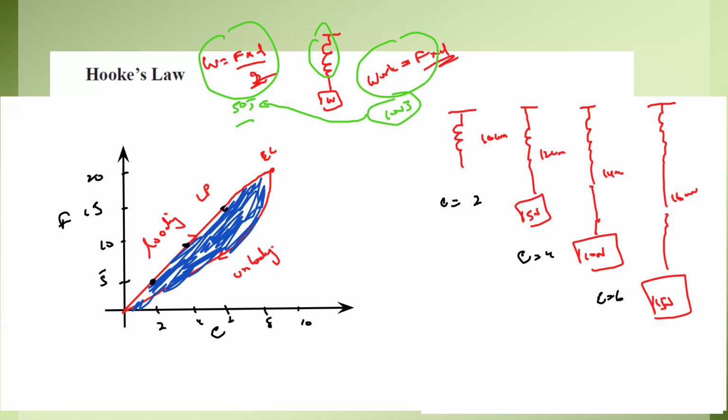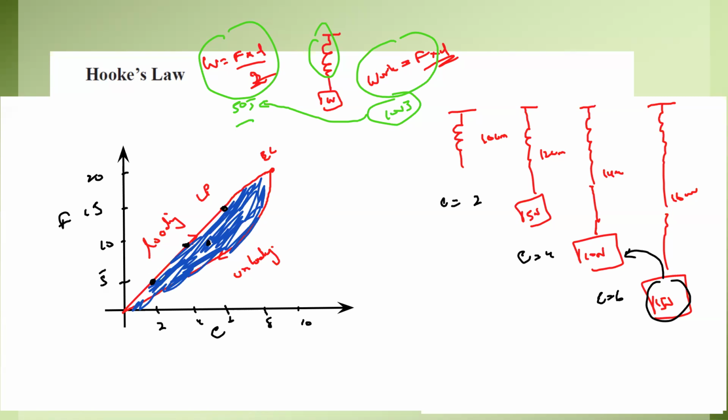But when we start to unload, when we start to remove the load, for example, I remove the load from 15 and make it 10. At 10 the extension was 4 before. But now what will happen? At 10, the extension will not be 4, it will be more than 4.